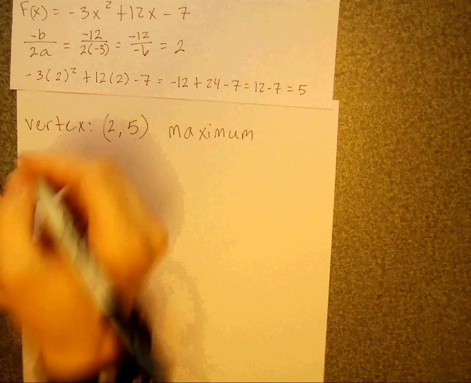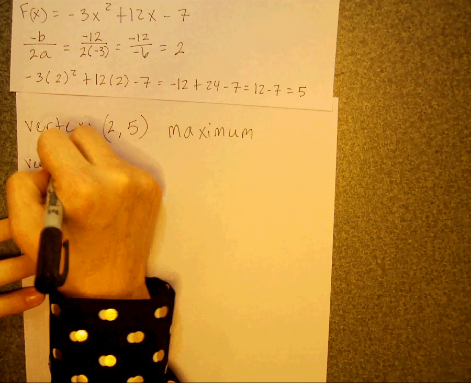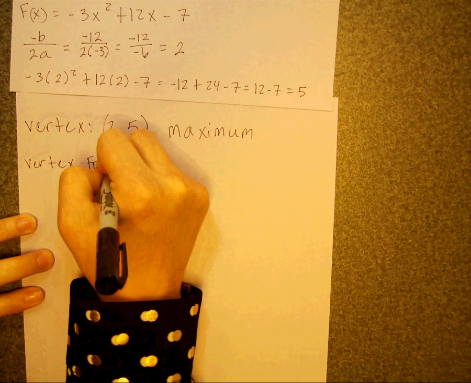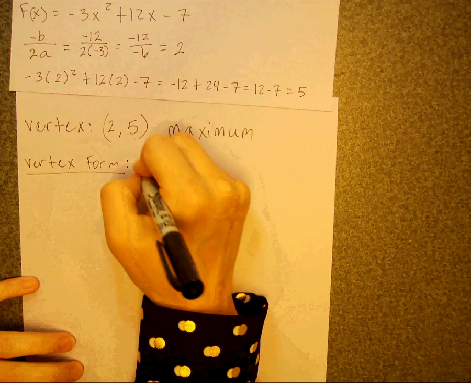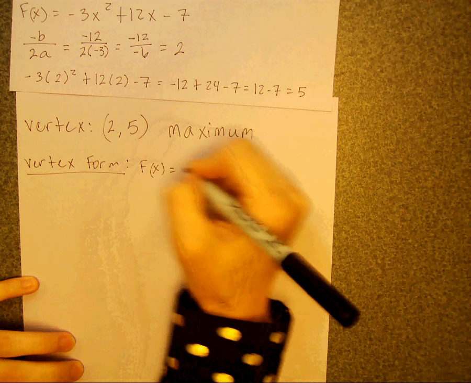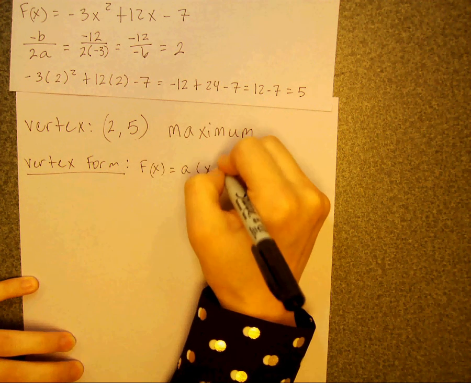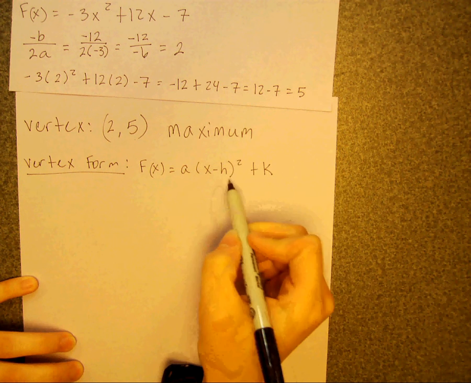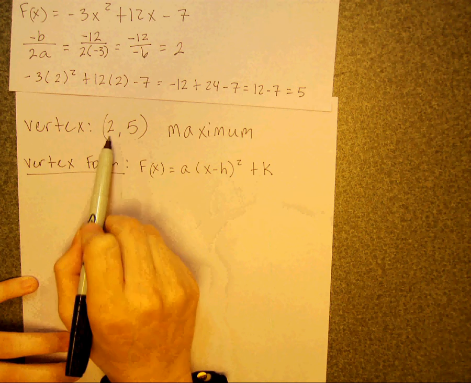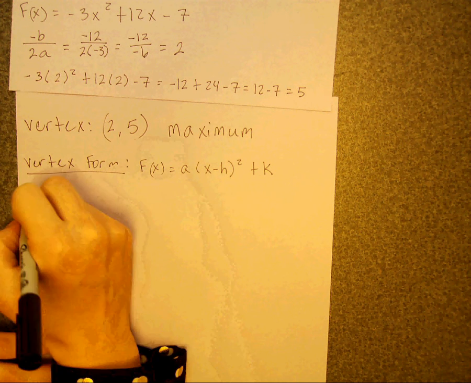Okay. We also have what we call vertex form. And we've seen this before when we were looking at transformations. So vertex form is f of x equals a times x minus h squared plus k. The h and the k come from my vertex.